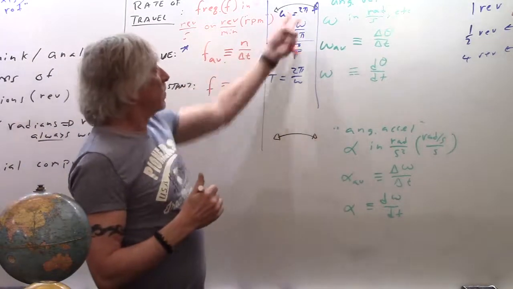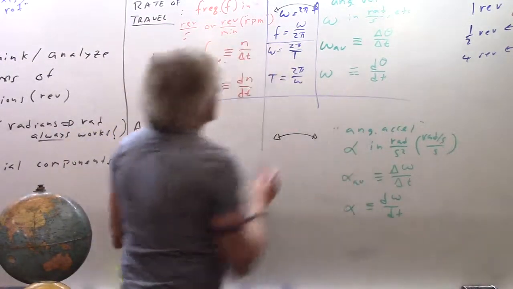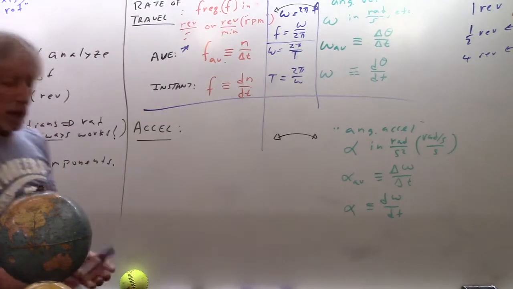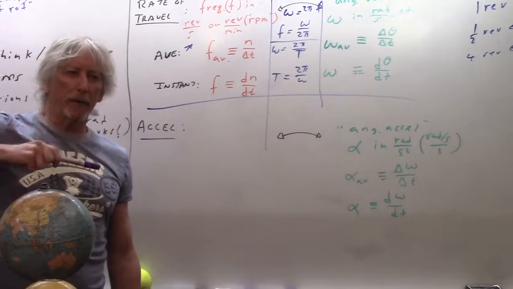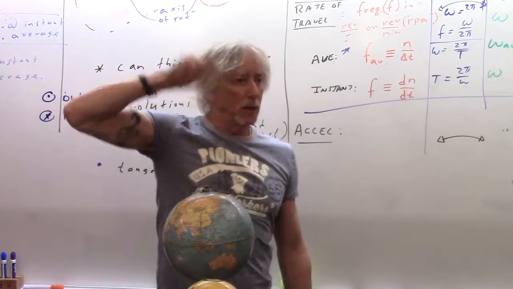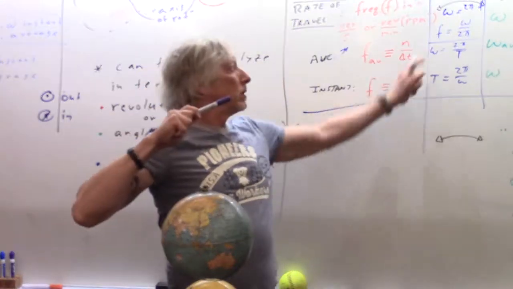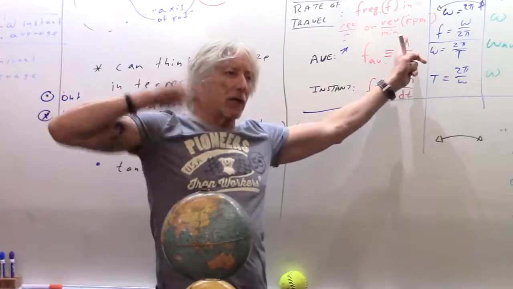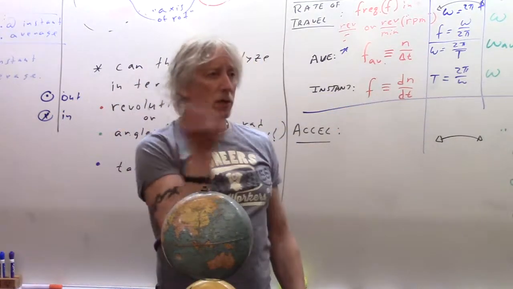So we can talk in terms of frequency or period. I want to pause for a moment and speak about that. If something has a low frequency versus a high frequency, a high frequency has a short period, a short amount of time, in this case, per cycle, per revolution.